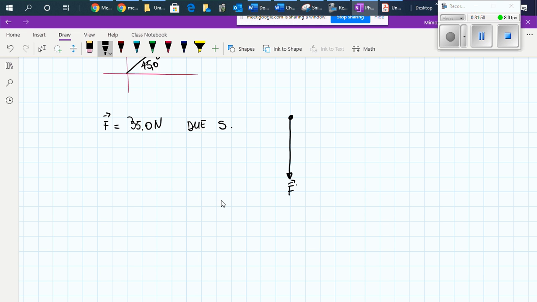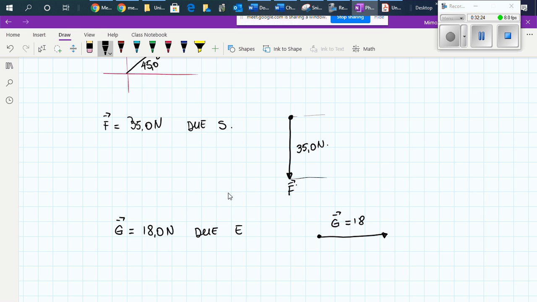And the magnitude or the line segment is 35, representing 35 newtons. So you can have this situation with all four axes. You can have a vector G with magnitude of 18 newtons due east, and then the way that we represent this vector is just like this, going straight east.